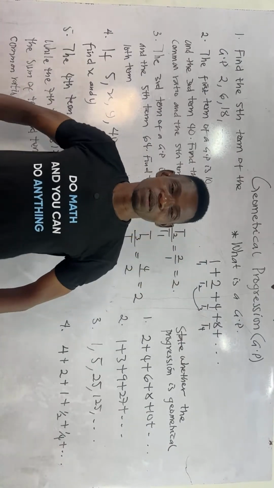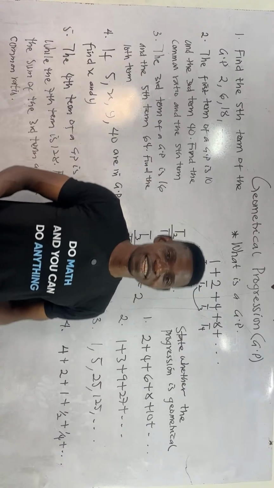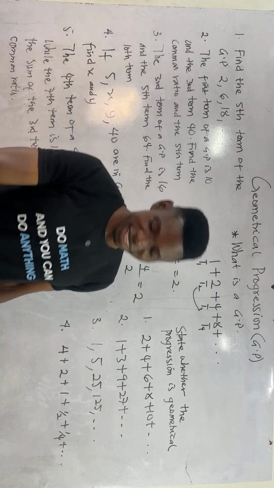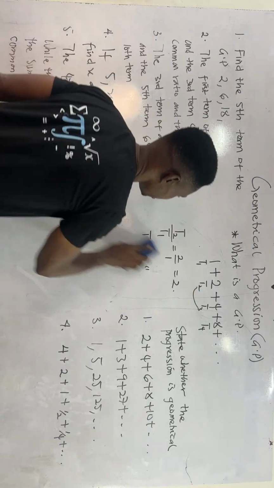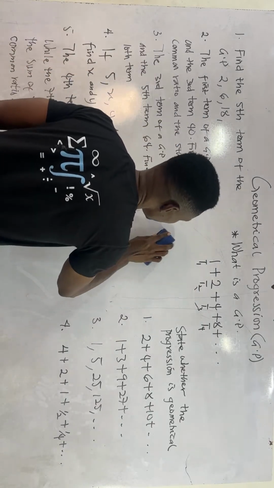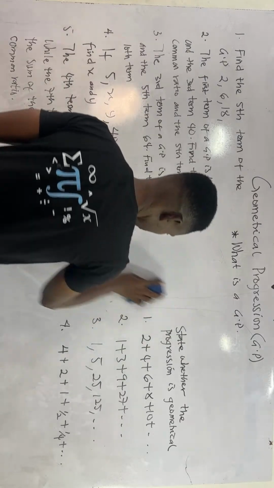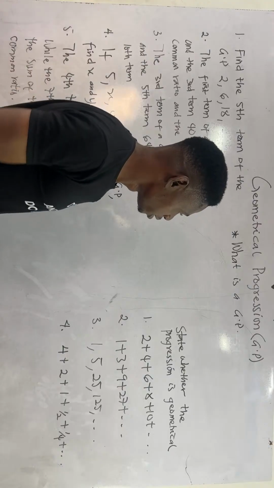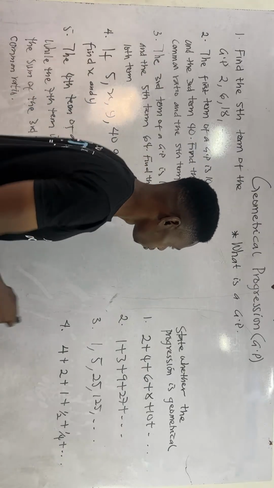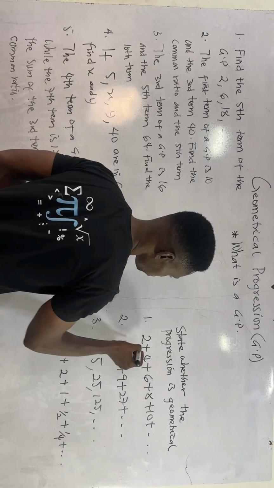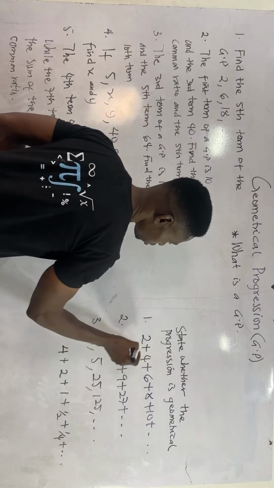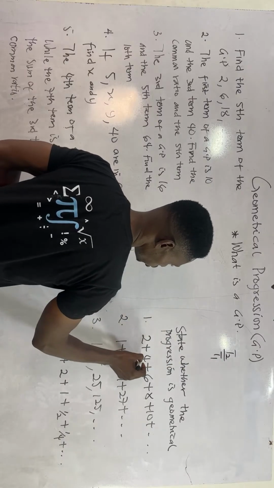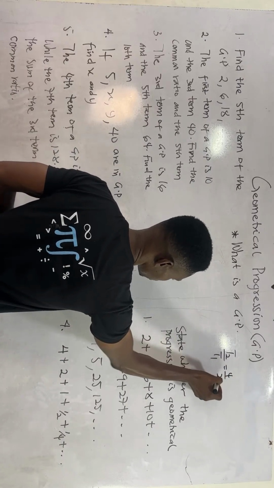All right, so welcome back. Most of you have put your answers there. So let's see what the correct answers are. So for number one, let's try T2 over T1, which is what? 4 over 2.